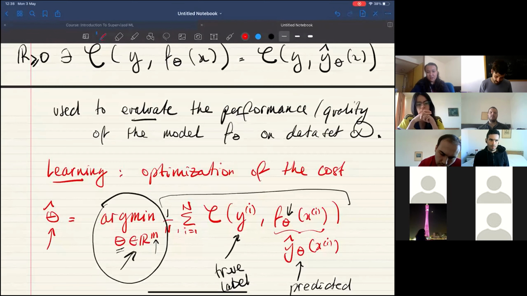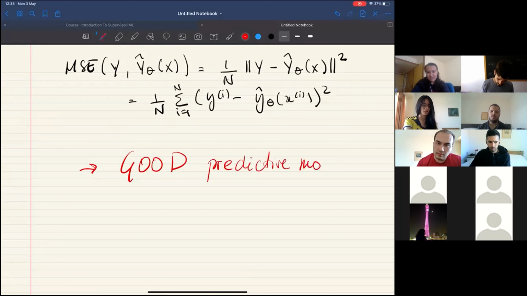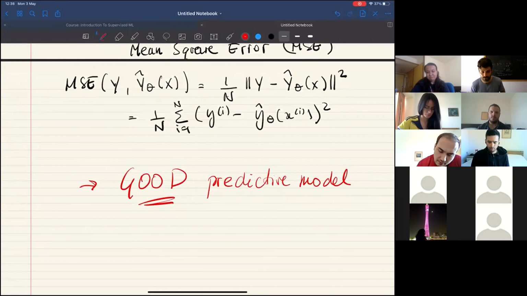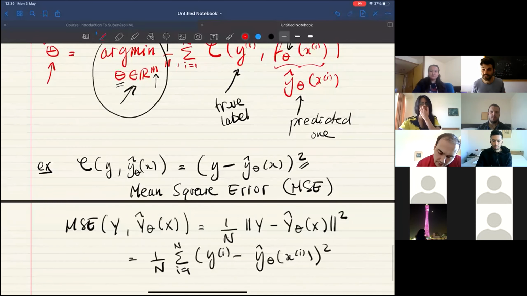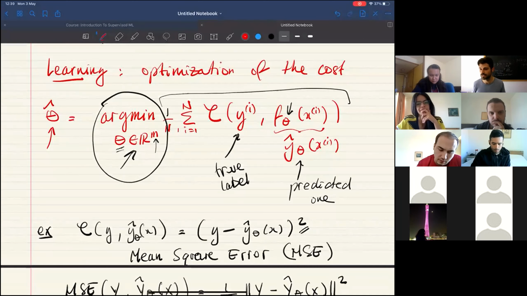And I will explain what good means. What do we mean by a good predictive model and how to get it? Because as we will see, it is actually not enough to just minimize the cost. And we will try to understand why it is not enough, and what are the bad things that can happen if you just minimize costs like this, closing the eyes and hoping for the best.